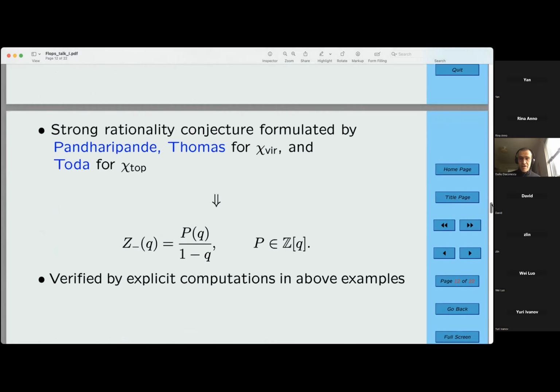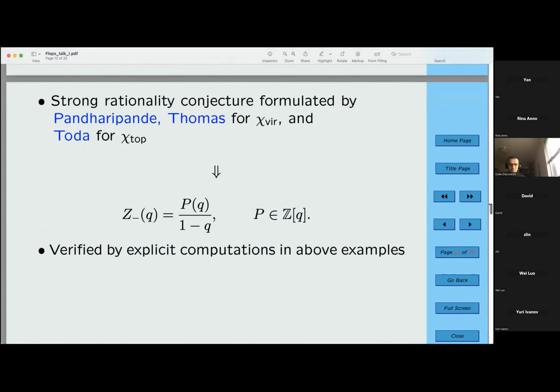Good. So now here's Jan's question. Some of the standard conjectures in enumerative geometry, formulated first by Pandharipande and Thomas, and then a variant formulated by Toda for topological numbers, which is exactly what we're using today, predict that Z minus has to have this form: an integer polynomial with integer coefficients divided by y minus q.